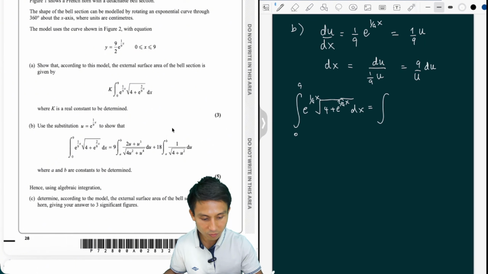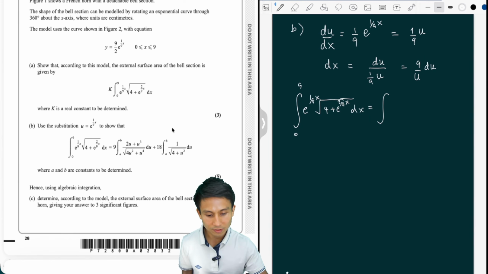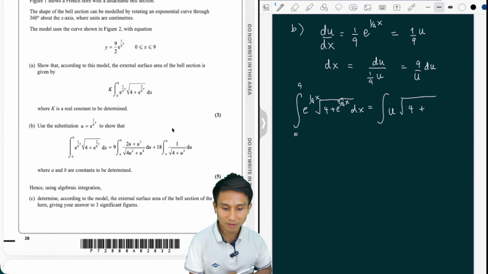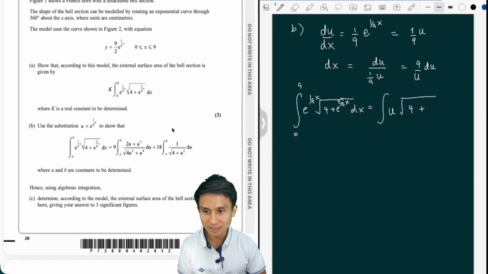will just be equal to, well, let's deal with the integrand here first. So e to the 1 over 9x is just u there. That's the substitution. And this is square root of 4 plus what? That is basically u squared, right? Because u is e to the 1 over 9x. So e to the power of 2 over 9x will just be u squared.